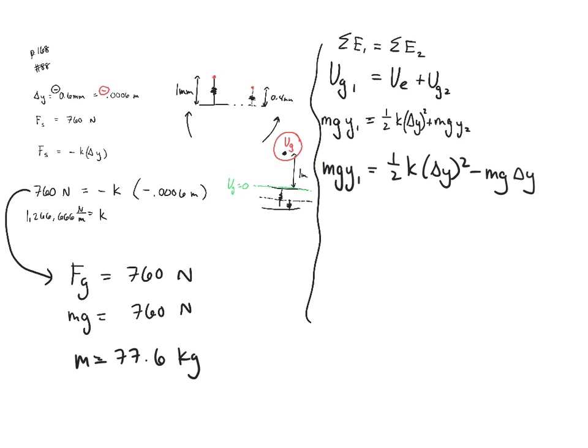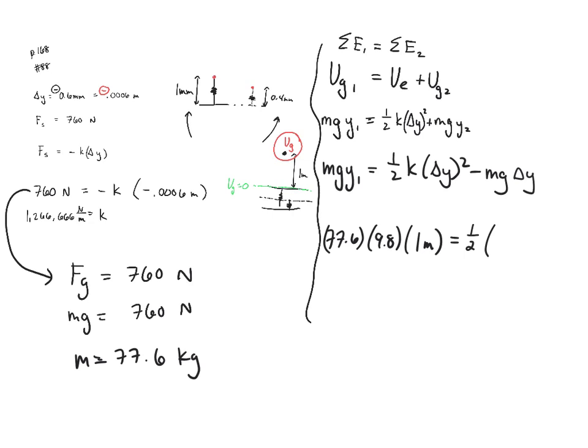What kind of an equation is this? It's a quadratic. So you have to solve a quadratic to answer this. I'm going to plug in numbers so we can see the numbers at this point. 77.6 times 9.8 times the initial height, which was 1 meter, equals 1/2 K. K is given. It's going to be a huge number.